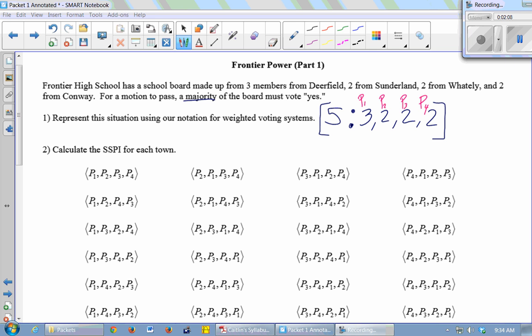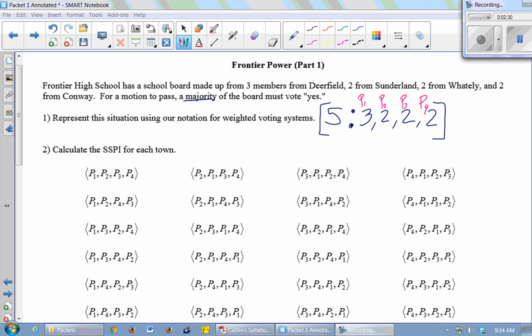Now to figure out who the pivotal player is in each of these 24 sequential coalitions, every player is in every sequential coalition. This is just 24 different ways that I can order them, rearranging the players.